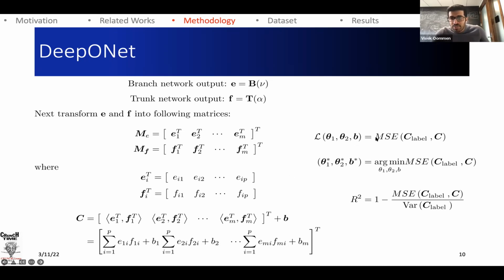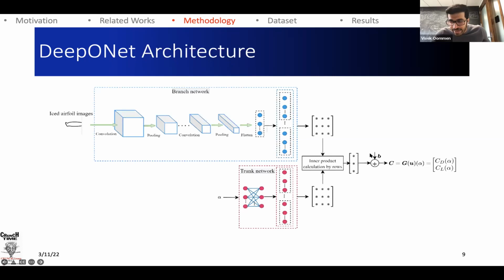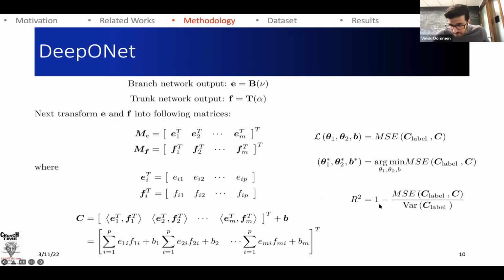Now we compute the loss, defined as the mean square error between the true functions and the predicted functions. C label stands for the true functions of CD and CL. They are using the Adam optimizer to minimize the mean square error with respect to θ1, the branch network weights, θ2, the trunk network weights, and B, the biases that are added after the inner product operation.